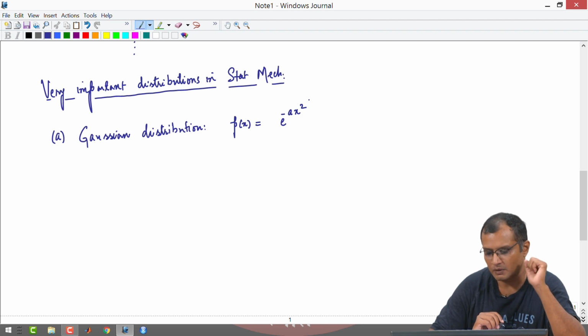Okay. Now, x is a random variable, a is some constant which will be shown immediately or in a few steps to be related to the variance of this random variable.